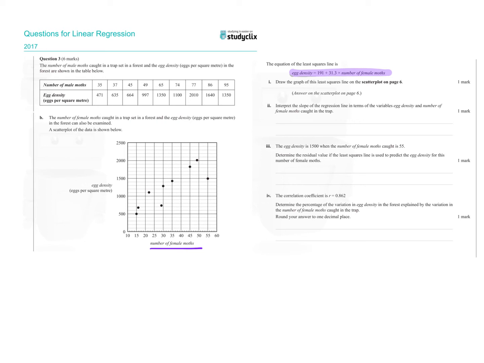Now they want you to draw it on the graph. So this one's really important. You do have to do this in the SAC. So you've got to draw this line onto this scatter plot over here. So the equation is egg density equals 191 plus 31.3 times female moths.